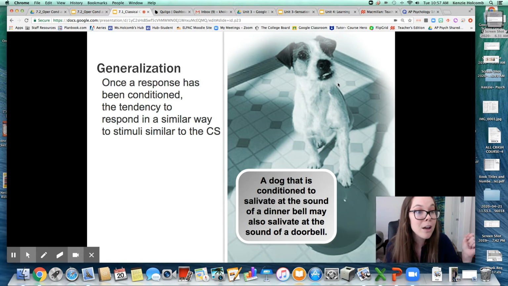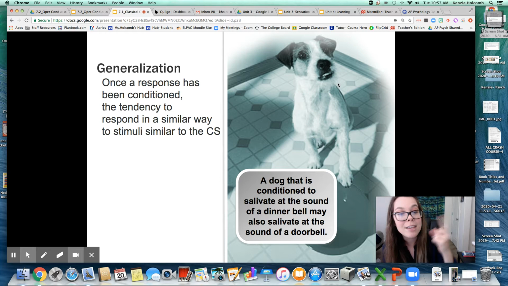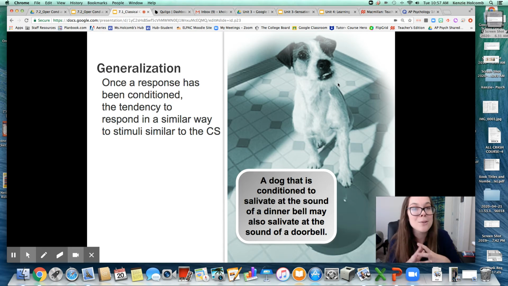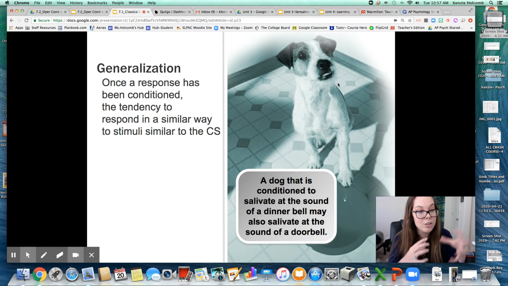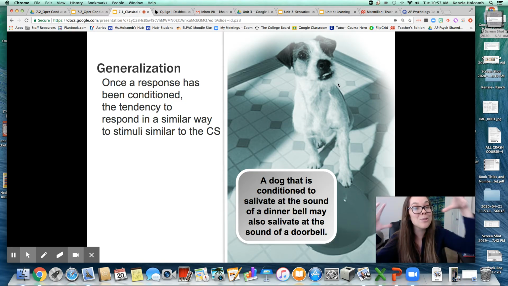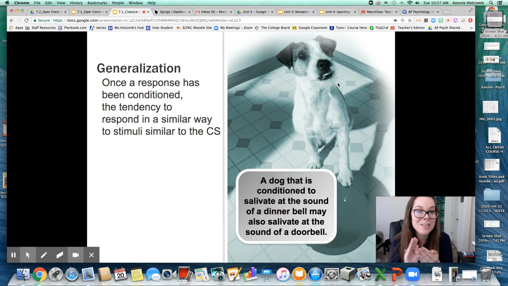So if Pavlov's dog started to generalize the sound of the bell, if they heard the doorbell, they would also salivate because they're generalizing it. They're grouping the sounds together. So my parents' dogs get excited when they hear the bag of doggy food open, but they also get excited when they hear a bag of chips open, right? Because they started to connect the similar sounds to the same response. So that's when you generalize.